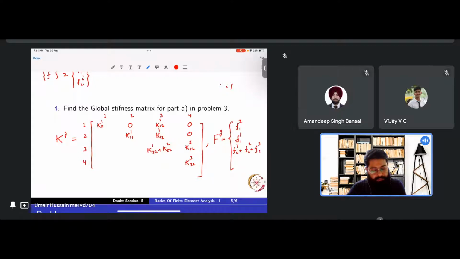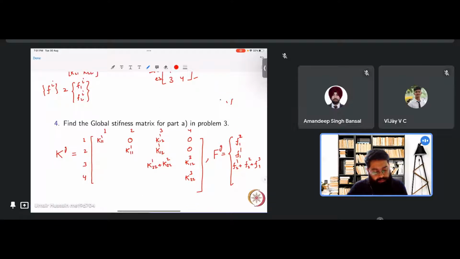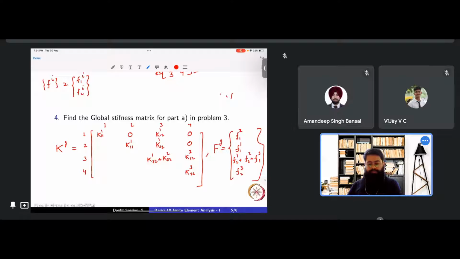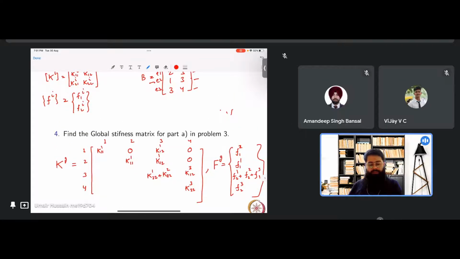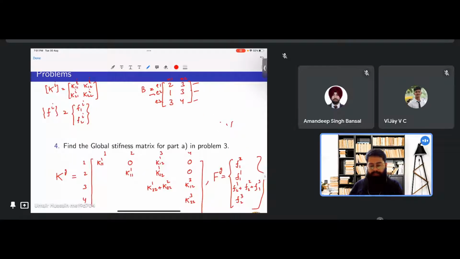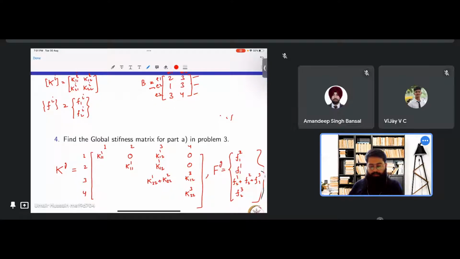And F4 is basically the second node of element 3. Okay. So this is how we can get the force matrix also. This is the way of assembling these things from elemental level to global level.